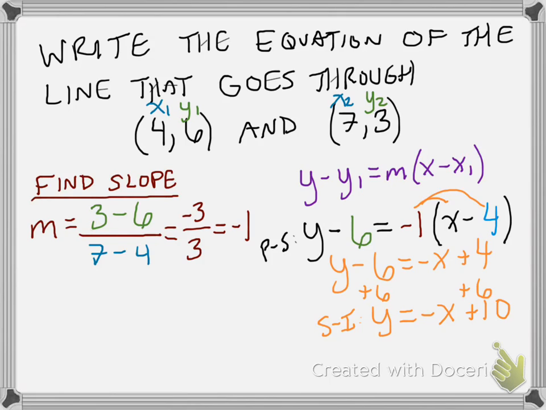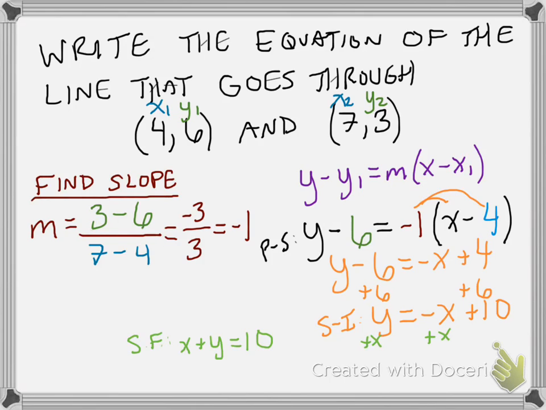The next form we need to have is our standard form on your notes. And standard form requires that we have x and y both on the left, and that we have no fractions, and that the coefficient, the number in front of x, is positive. So as I first move x to the left, I have to add x to both sides, and we get x plus y equals 10.